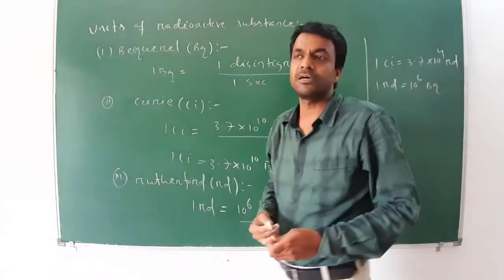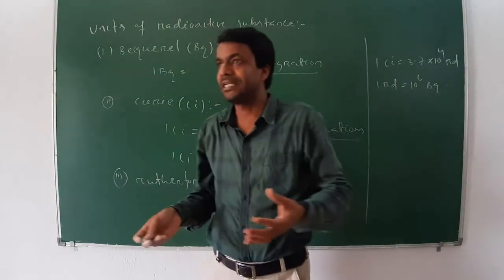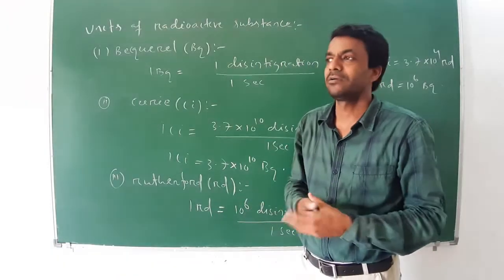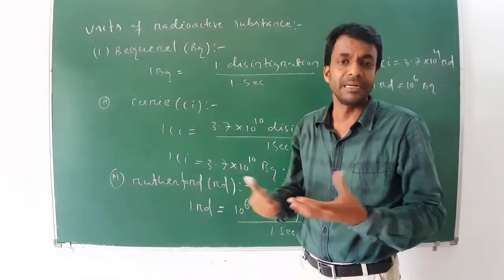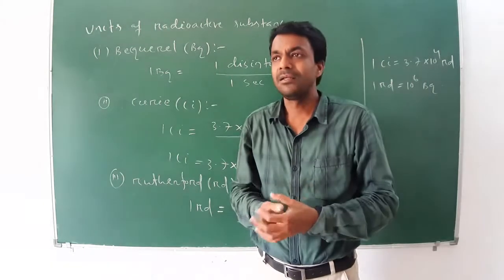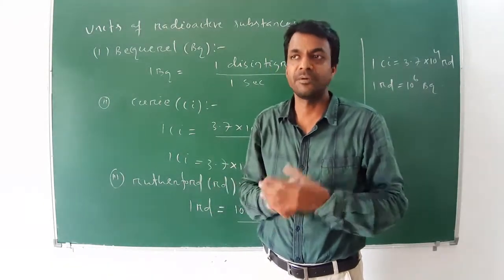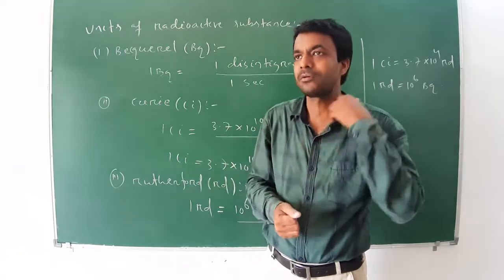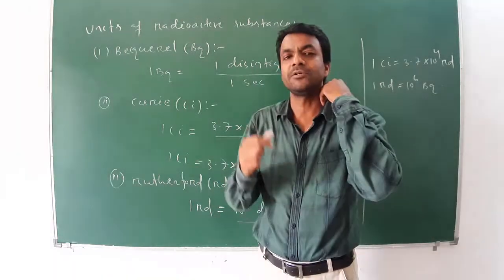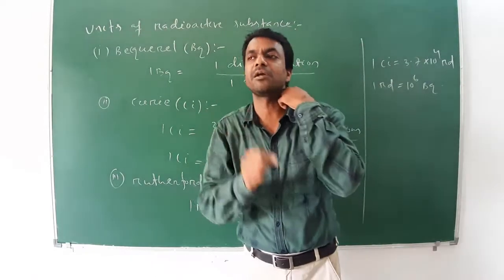Then the units of radioactive substance. Generally radioactive substances are measured according to their inventors like Becquerel, Curie, Rutherford, and these are known as the SI units. Some practical units are also known. The first unit is Becquerel. What is the definition of Becquerel?